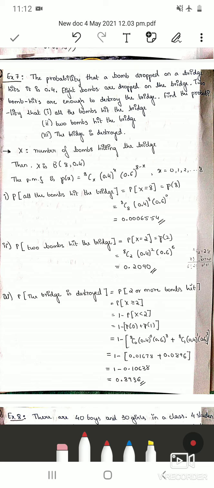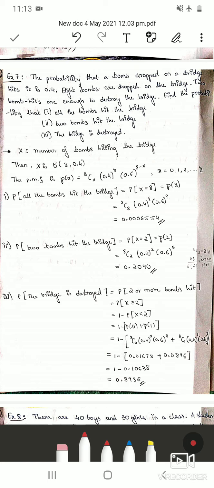Here they have given that you are dropping a bomb on a certain bridge and the probability that the bomb you drop hits the bridge is 0.4. Then 8 bombs are dropped, and additionally the bridge will be destroyed when 2 bombs hit it.